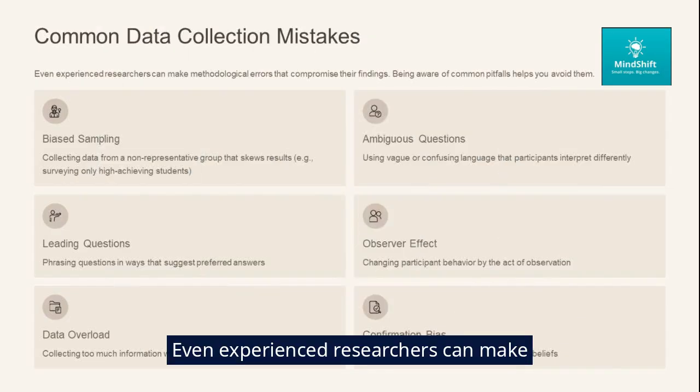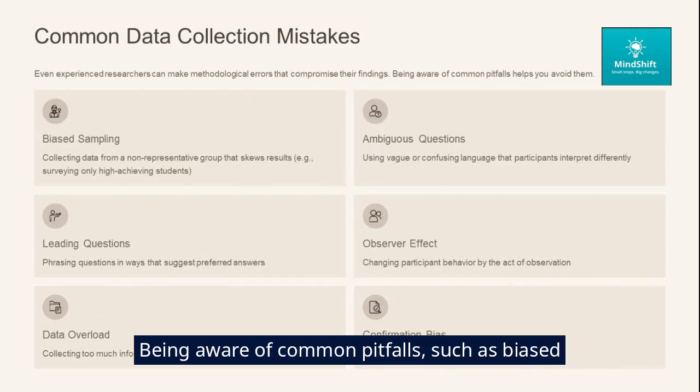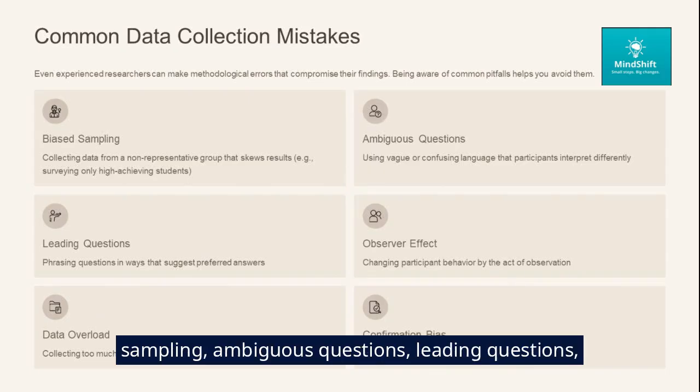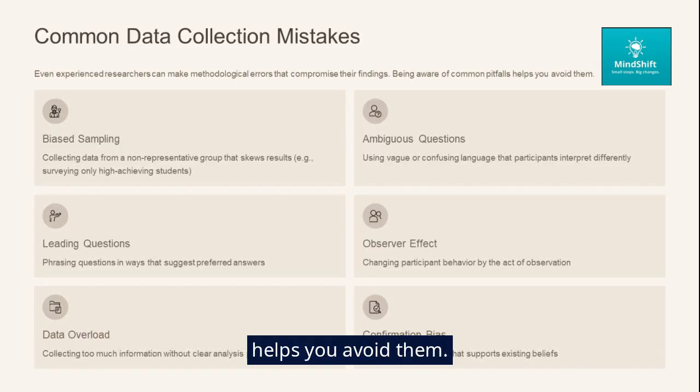Even experienced researchers can make methodological errors that compromise their findings. Being aware of common pitfalls such as biased sampling, ambiguous questions, leading questions, observer effect, data overload, and confirmation bias helps you avoid them.